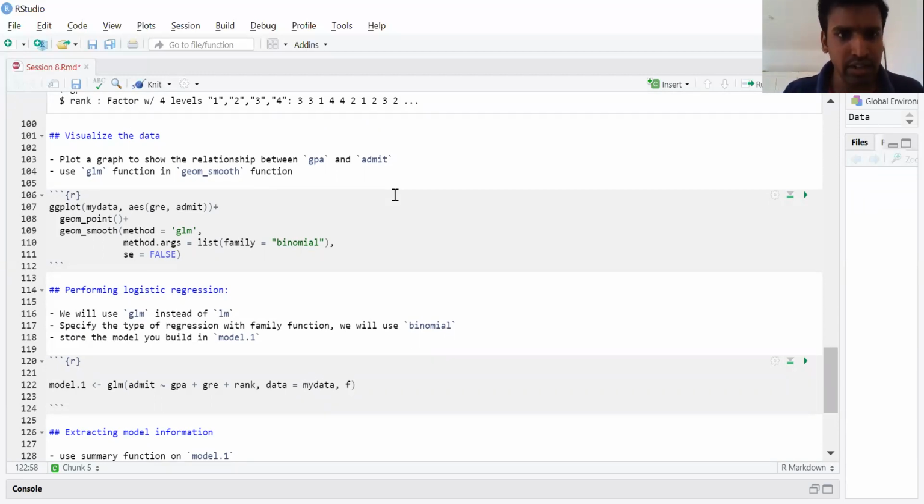And then you need to define the family, which you did not declare earlier in the case of building linear regression. But here you need to specify the family, because you also have binomial, and in the binomial you also have logit and probit. Hence you are supposed to say binomial.